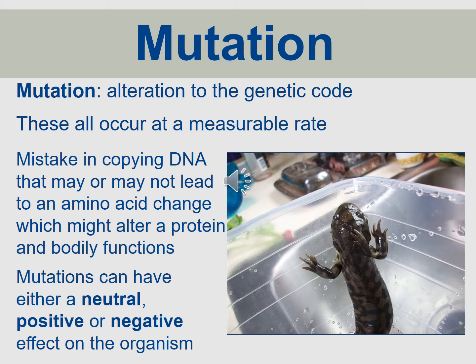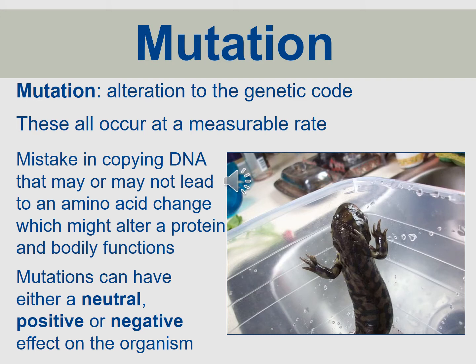And of course, proteins are made of amino acids. Amino acids are the building blocks of proteins. So there can be one slight change, and it may change the protein, it may not. And if it changes the protein to a certain extent to then affect bodily functions, that's different.